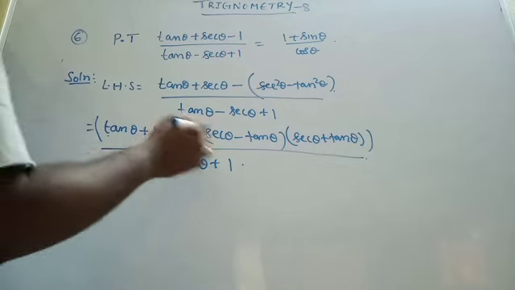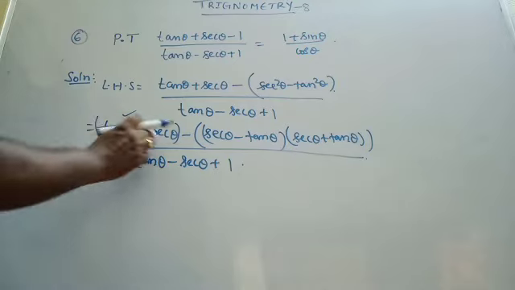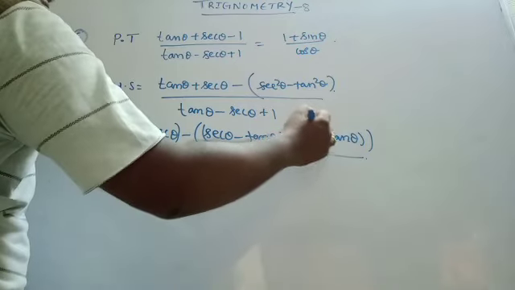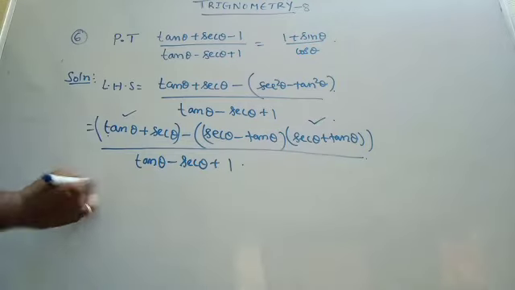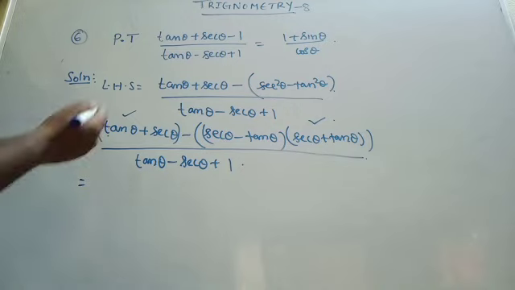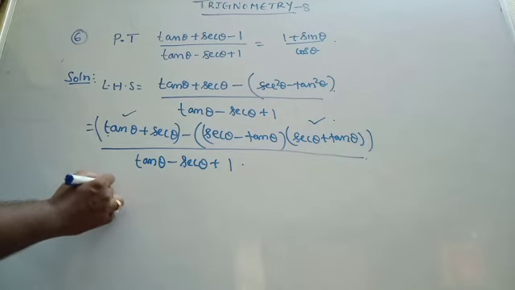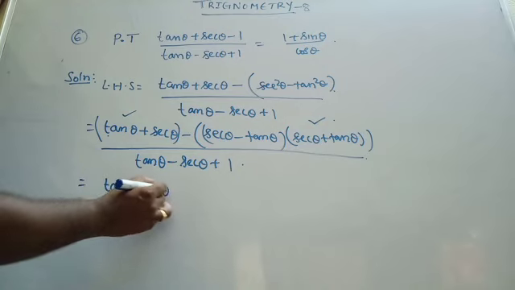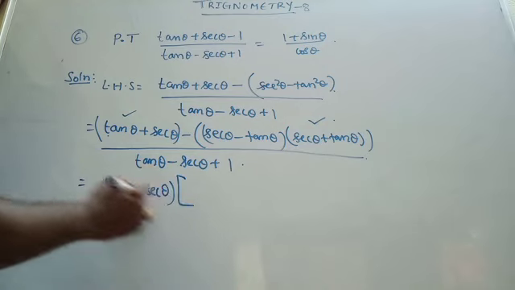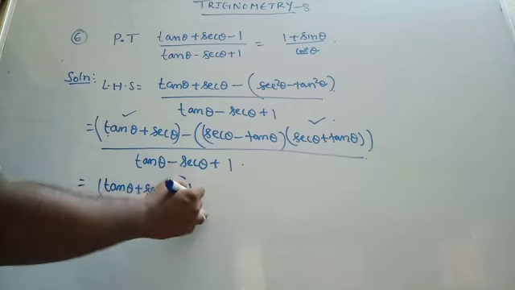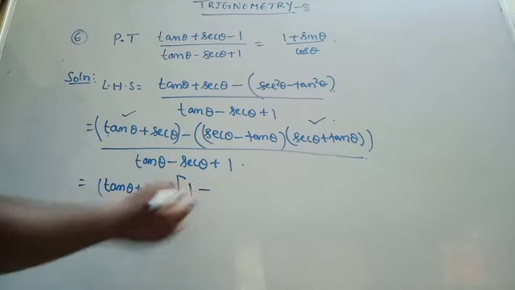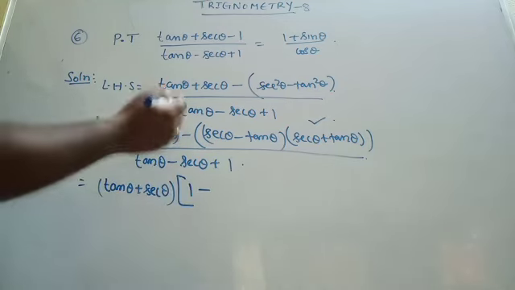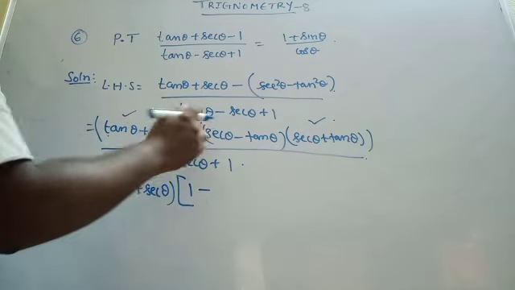In the numerator, tan theta plus secant theta, tan theta plus secant theta, this is common. Let us take that one as common. If you take common tan theta plus secant theta, or secant theta plus tan theta, this particular term, then we are going to have here 1 minus of this.